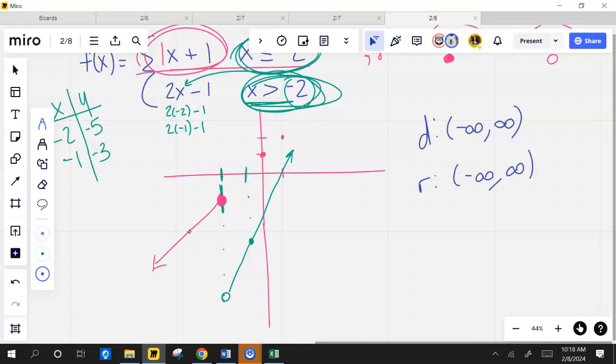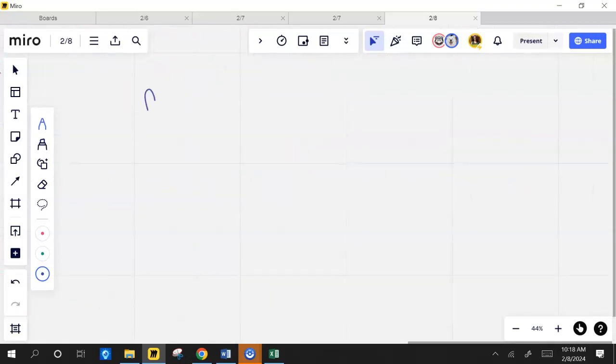Let me do one that's not on here. You can still move.